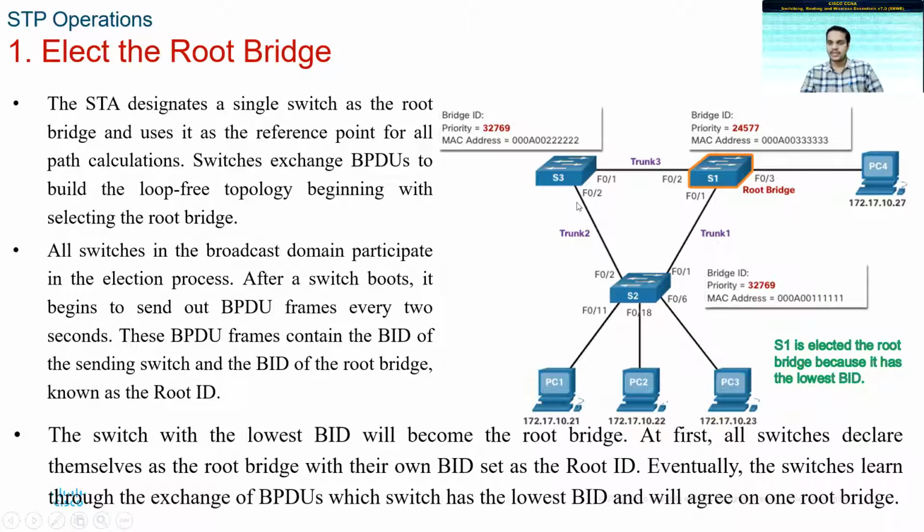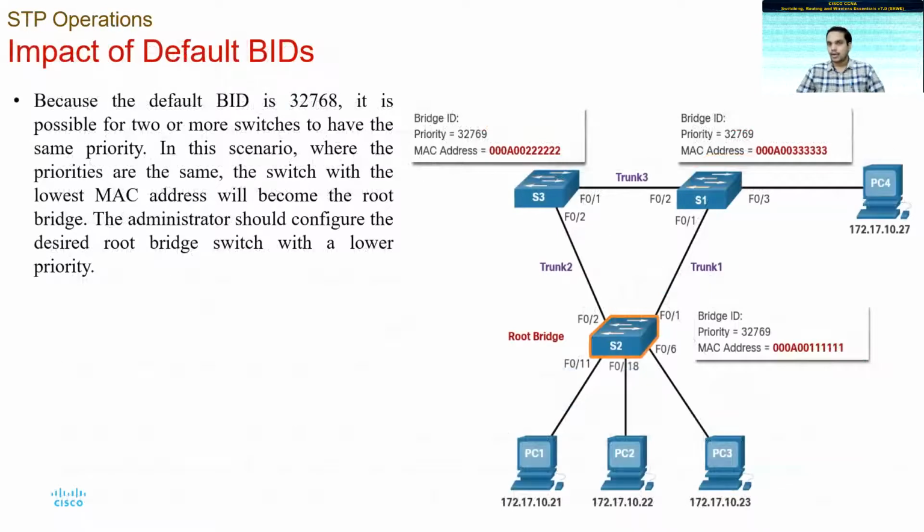The bridge priorities are given as 32769, 32769, and 24577. The switch which has the lowest priority will be selected as the root bridge for this network. So based on that, S1 is selected as the root bridge of the 3.